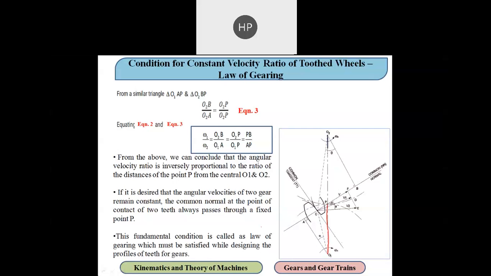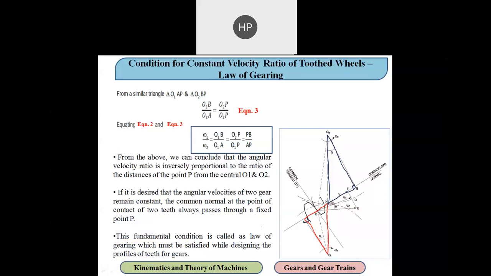Now we have two triangles generated over here. The first triangle is O1AP and the second triangle is O2BP, and this one is 90 degrees and this one is 90 degrees.